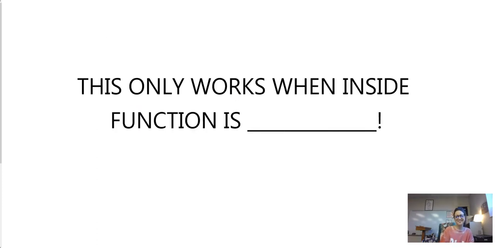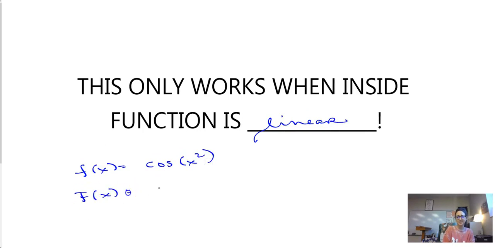All right, will you write this sentence in your notes? And I know we've done this, but this is just so important. This only works when the inside function is what? Is linear, right? Like if I give you f of x equals cosine of x squared, and I try to apply this anti-chain rule. So I antiderive the outer, hold the inner, and then I divide by the derivative of the inner.